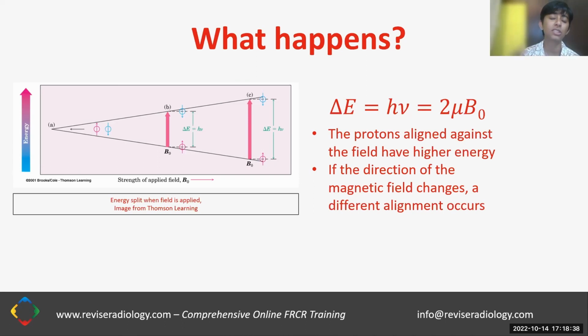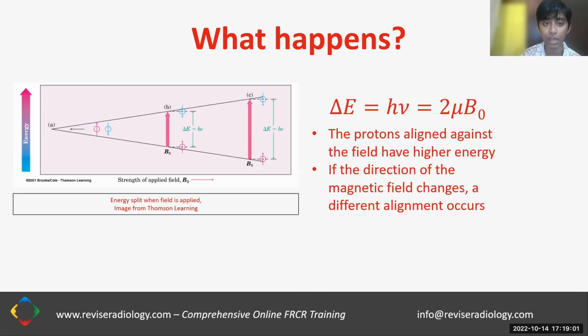Because imagine if you're in a river, and the current is flowing very strongly. It's easier for you to flow along with the current, whereas if you're going against the current, you need a greater amount of energy. So in the same way, the protons which are aligning with the field have a lower amount of energy, and the protons which are aligning against the field have a higher amount of energy.